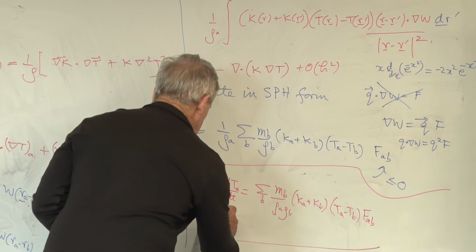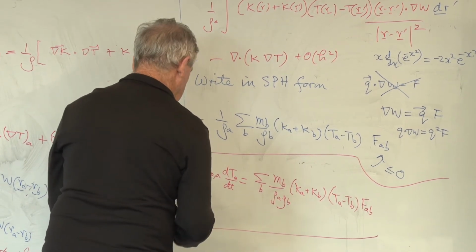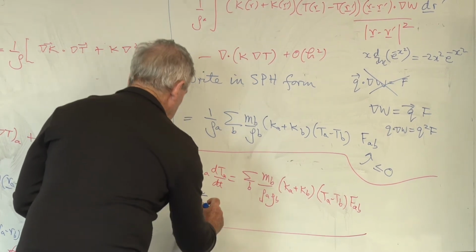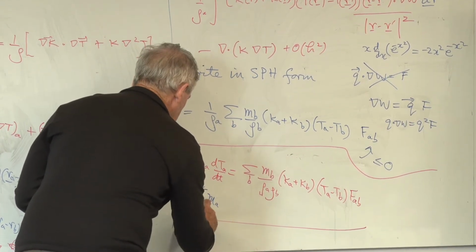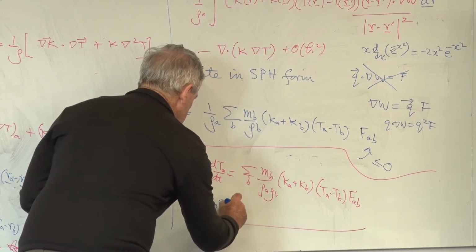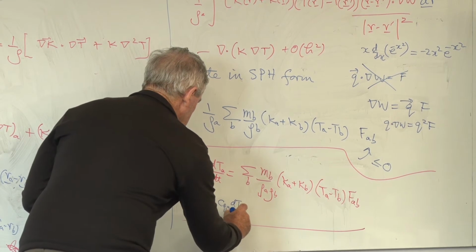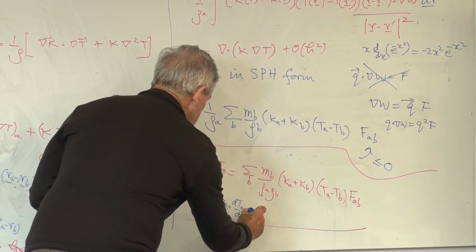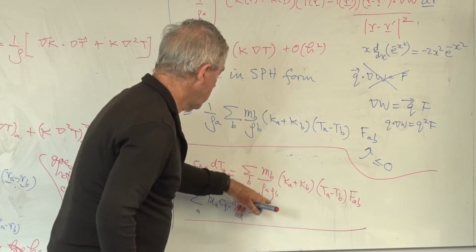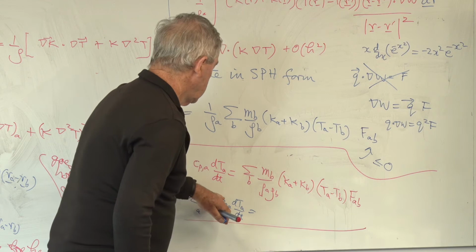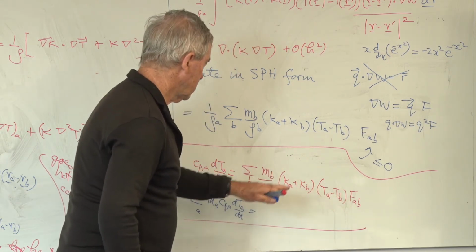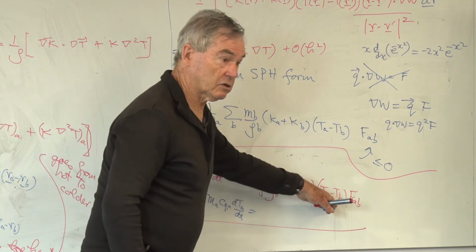Secondly, you will notice that if we sum this, this is per unit mass, so we have to write per unit mass, Cpa dTA dt is equal to, now I'll have MA, and there'll be an MB here. I'll have a rho A, rho B, kappa A, kappa B, and FAB is symmetric. You'll just have to trust me for that. But this is anti-symmetric.